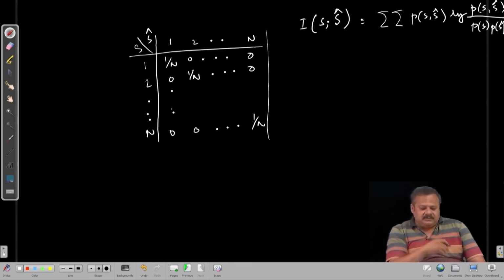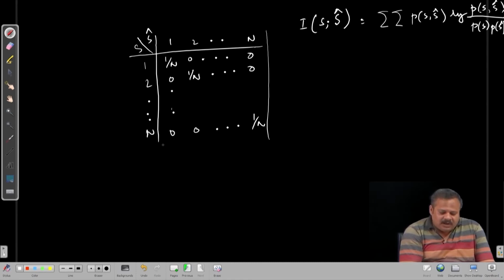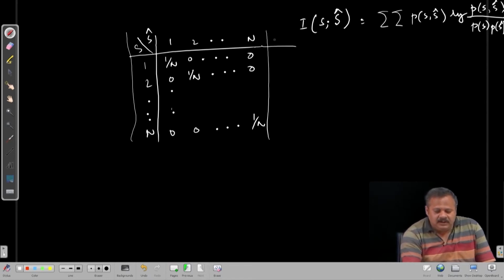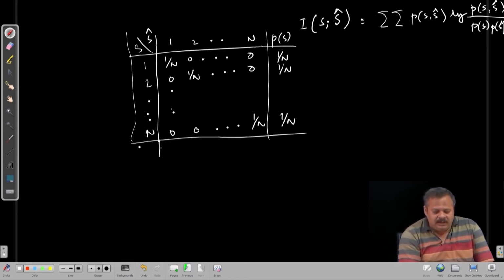As you can see, our marginal P(S) is user defined or experimenter defined. This P(S) is always 1/N, 1/N, 1/N, and our P(S hat) is also 1/N, 1/N, and 1/N.